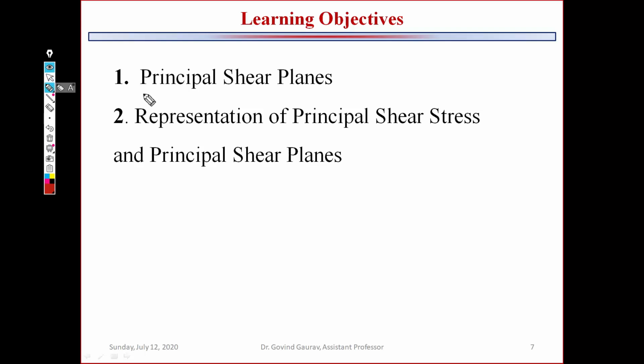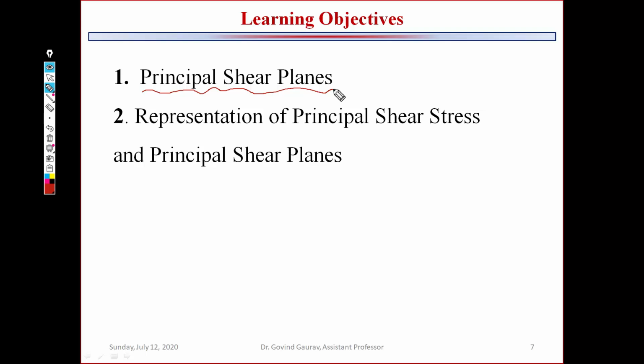Now the learning outcome for this session: we have calculated the values of the principal shear planes. The principal shear planes are those planes on which the maximum values of the shearing stresses act, along with some values of normal stresses.